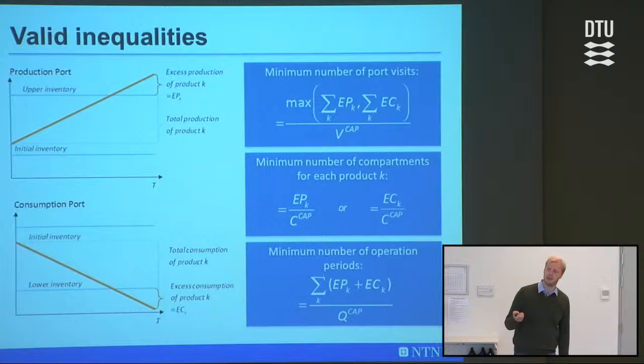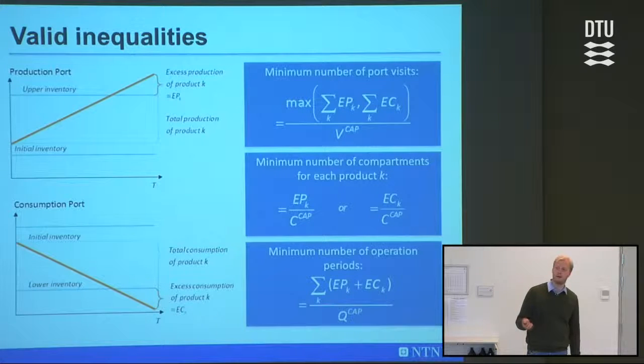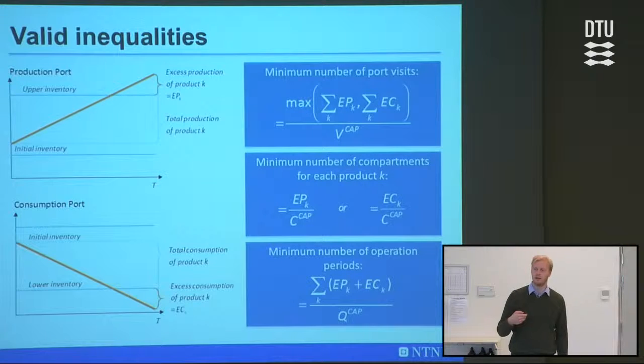And the last thing is we take this term, the total amount, so we sum both excess production and excess consumption. We sum this over all products. That is the least amount of product that we have to operate, either load or unload, and then we can divide that by the port capacity per time unit, and we get the minimum number of operation periods.